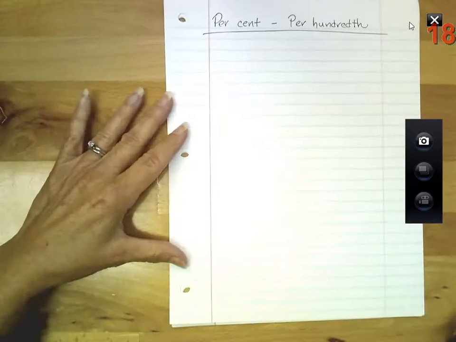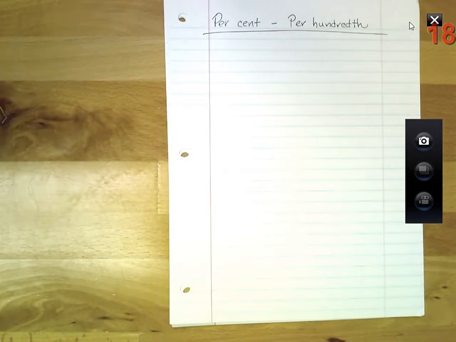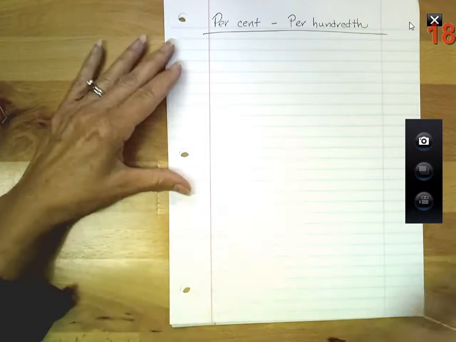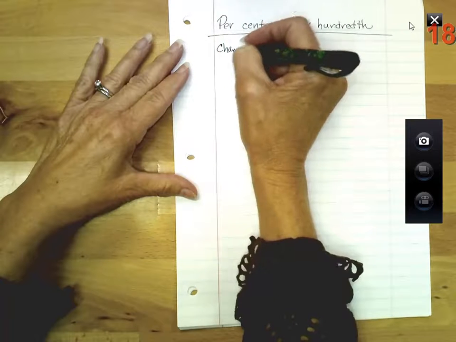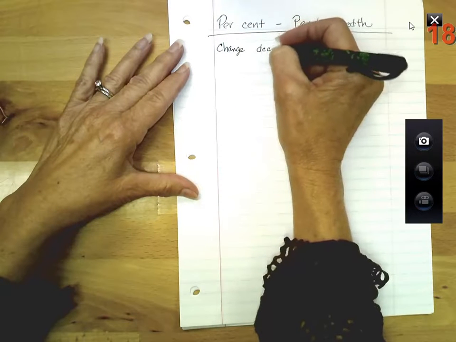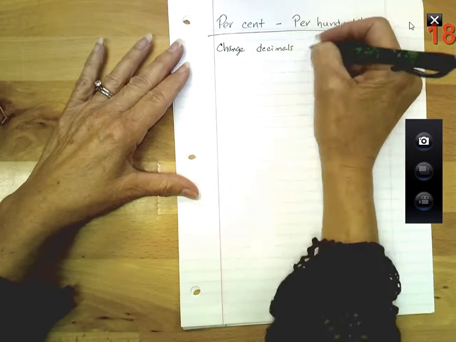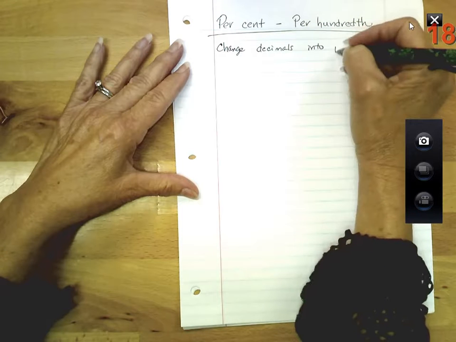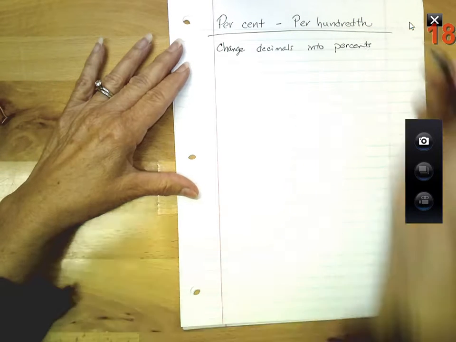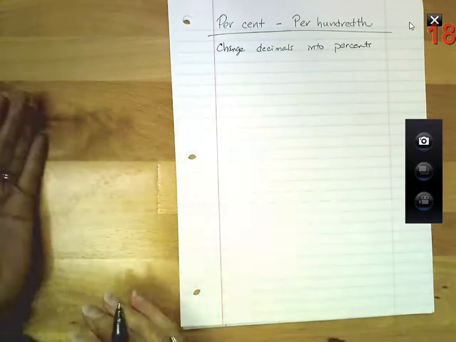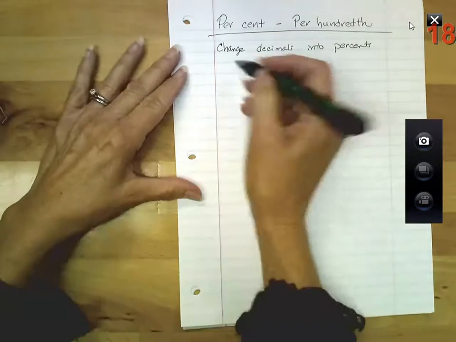You think of that, of course, with money, because you've got 100 cents. The first thing we're going to do is change decimals into percents, and then we're going to change percents back into decimals. So we're going to go back and forth.